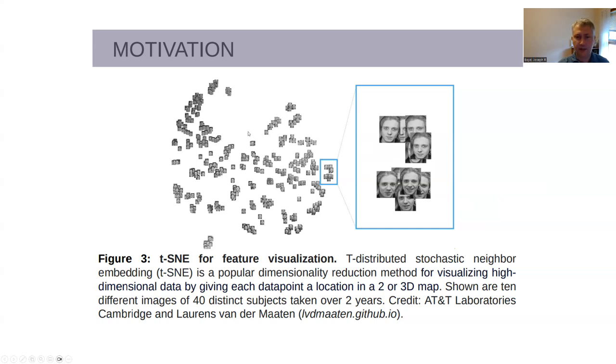And the tSNE technique was applied to the pixel values of all these images. And you get different patterns of individuals' faces clustering. And the technique does an excellent job of separating both individual faces while picking up on more subtle differences here, like the expression of this person. There's two different types of expressions that this person is making.